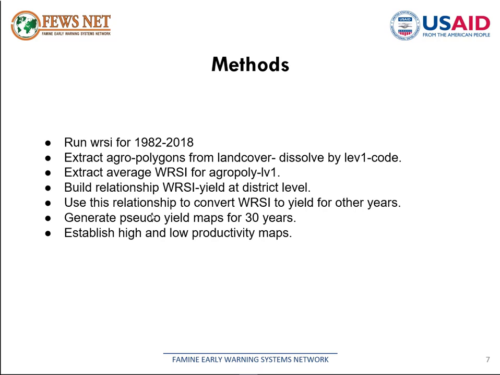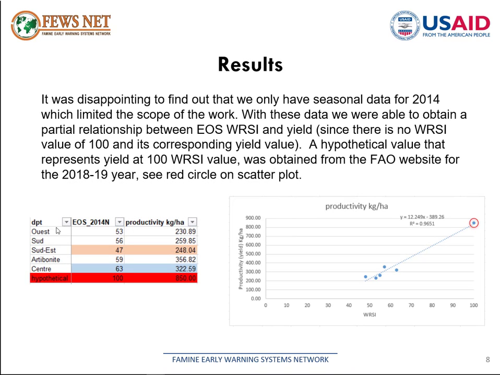The idea was to use that relationship or that model to convert WRSI to yield for the other years, and then have a 30 year history and establish high and low productivity maps from that. But then we got only to here, and this is the reason why.